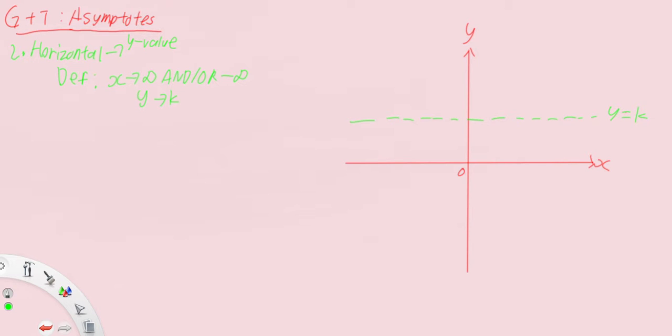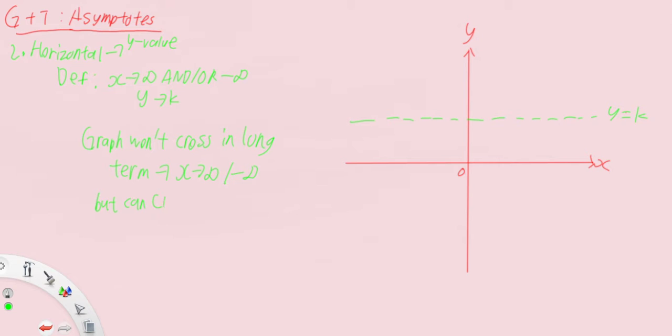Which brings me back to the point of crossing of asymptotes. Now, your graph won't cross the asymptote in the long term. And by long term, I mean as x approaches infinity or negative infinity. But your graphs can cross in the short term.